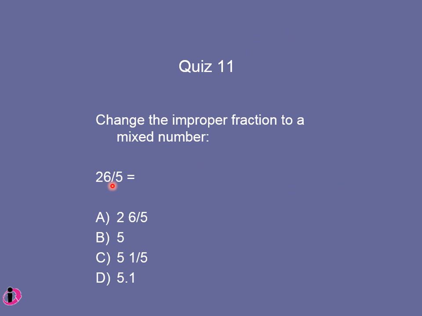Now let's say we have 26/5. So this is an improper fraction, right? Can you convert it to a mixed number? Just like how we did here?